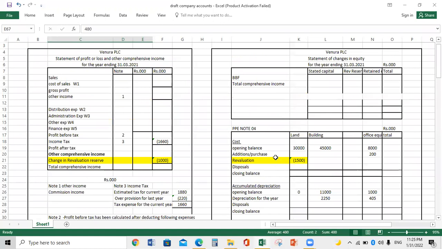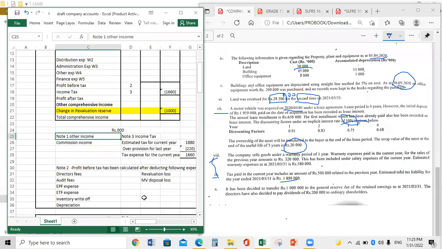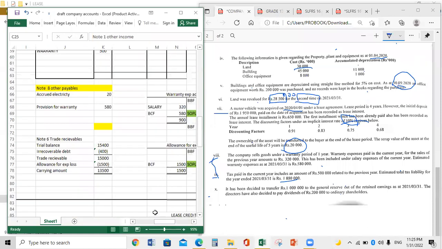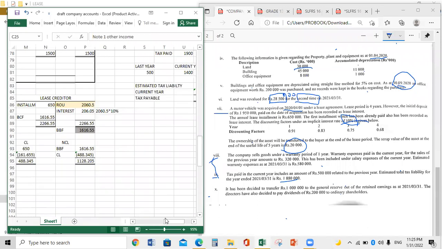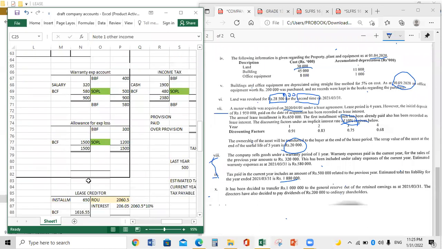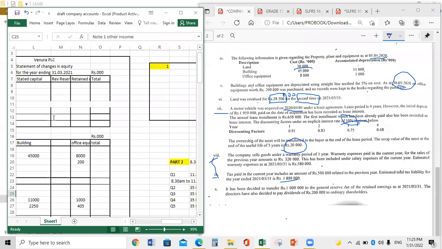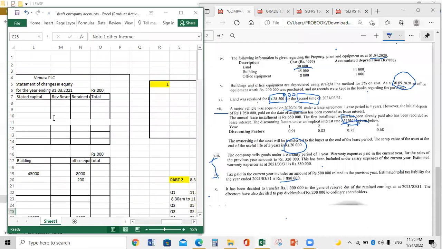Okay. So guys, now let's quickly go to the last adjustment. It has been decided to transfer 1 million to general reserve out of the retained earnings. So transfer in statement of changes in equity, transfer to general reserve.